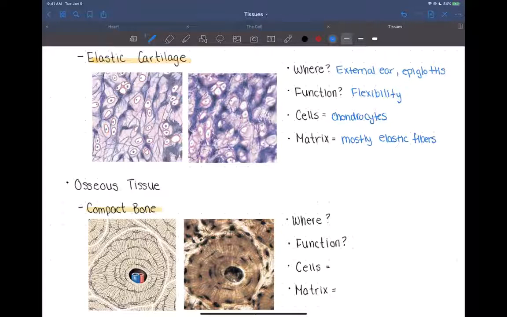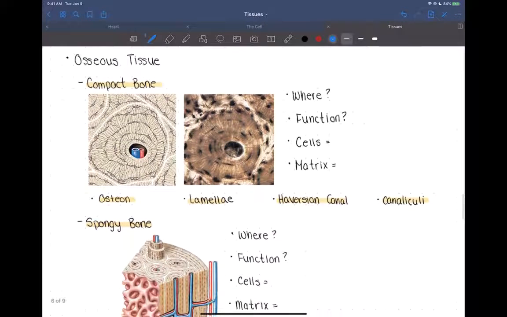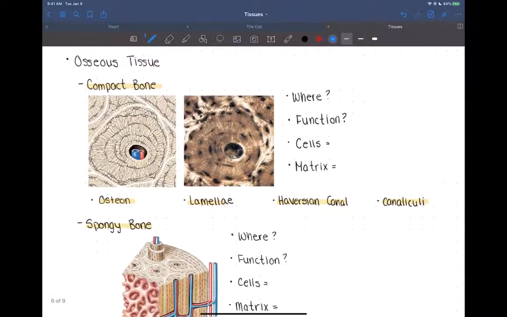All right, so now we're going to move on to osseous tissue. All right, so osseous is referring to bone tissue. So osseous tissue is bone tissue. We have 2 different types for that. So our first one is compact bone.